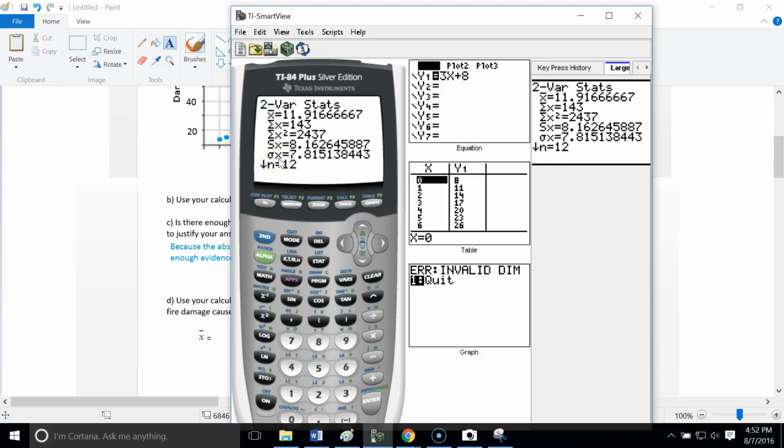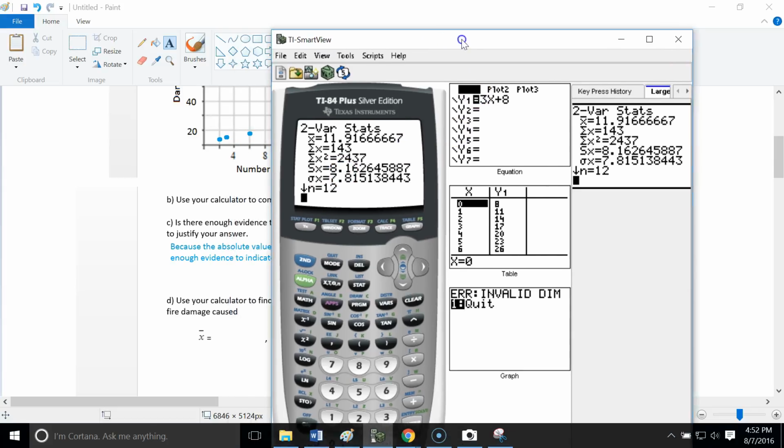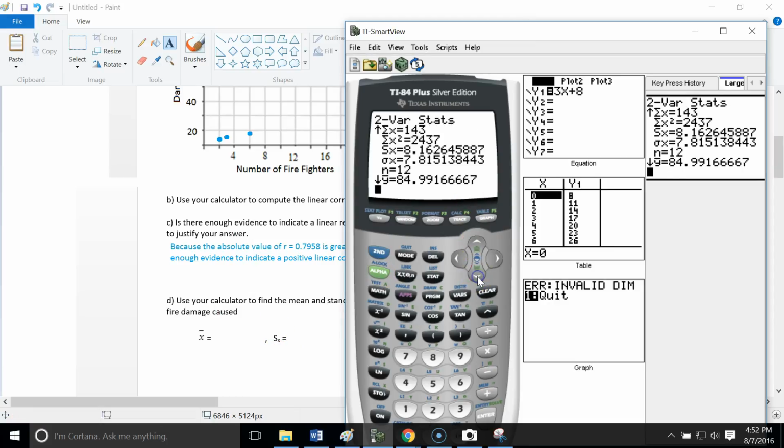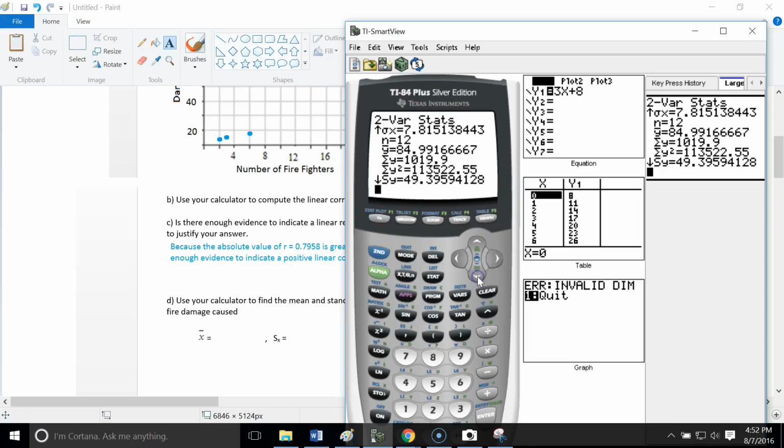If we have a situation where we know the data is a population, it's not a sample, but it's all of them, then we'd use sigma. But in this case, clearly it's got to be that S sub x equals 8.1626. Plus, if you notice, I was nice enough to give you the notation of S sub x instead of sigma, so you don't make that mistake. Now if you scroll down, we will also get the values of y bar, 84.9917, and again the value of S sub y and sigma sub y.